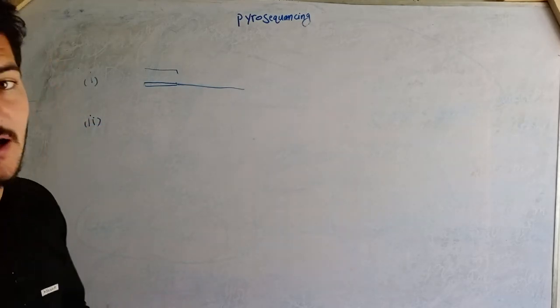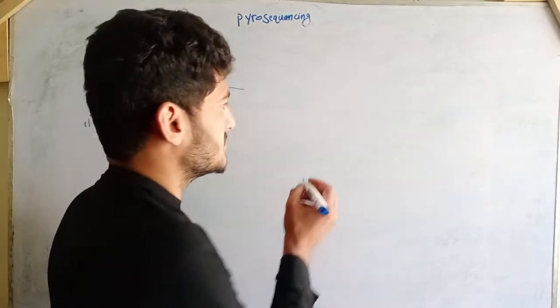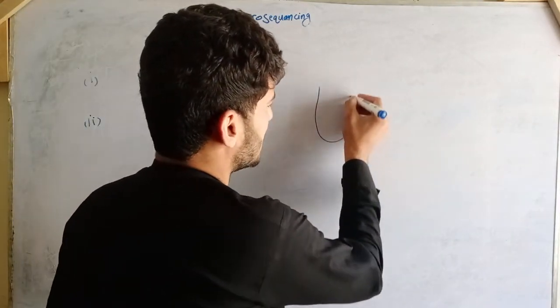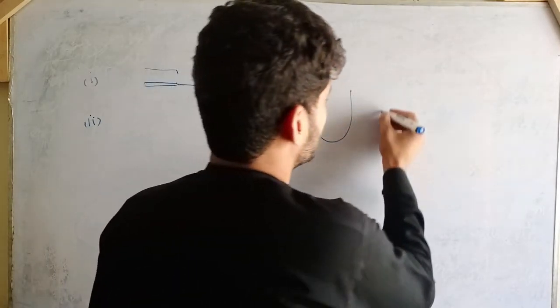These nucleotides are basically dNTPs, and these dNTPs are present in four types of tubes.